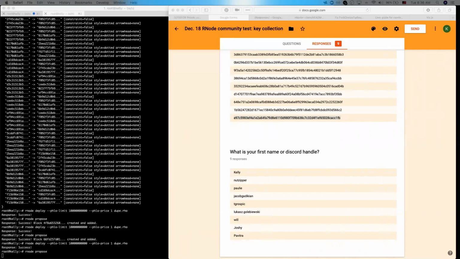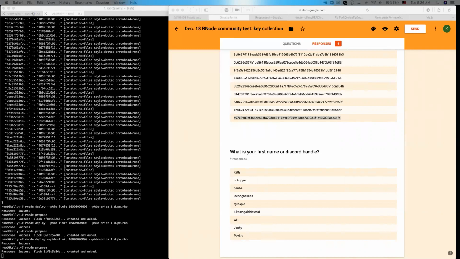Okay. The error I posted in the chat, is it because of the block propose? Error creating block. Will, did you get this related to your error with propose? Yes, when I do the propose.